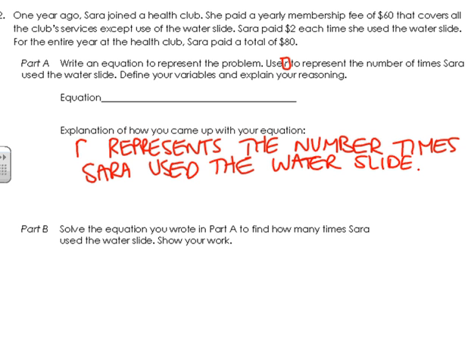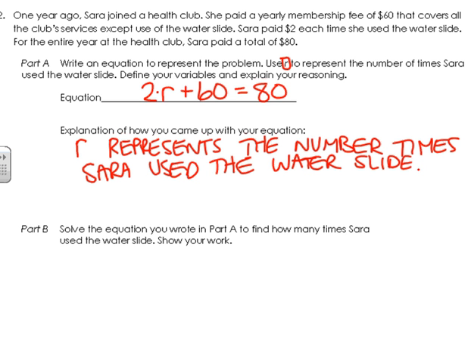Okay, so each water slide trip was $2, so we're going to multiply the number of times she used the water slide by 2. So as part of our equation, we're going to have 2 times R, or 2R. She had a flat fee of $60, so we're going to add in the $60 she paid up front, and altogether that gave her a total of $80.